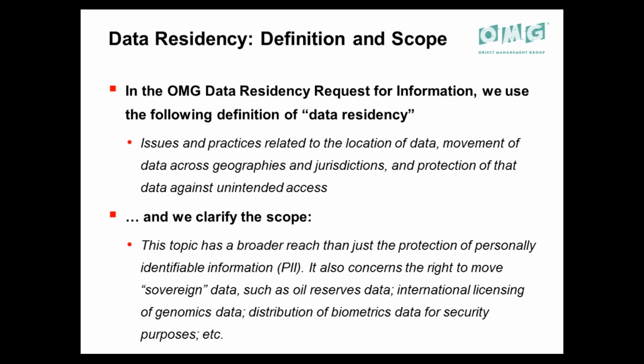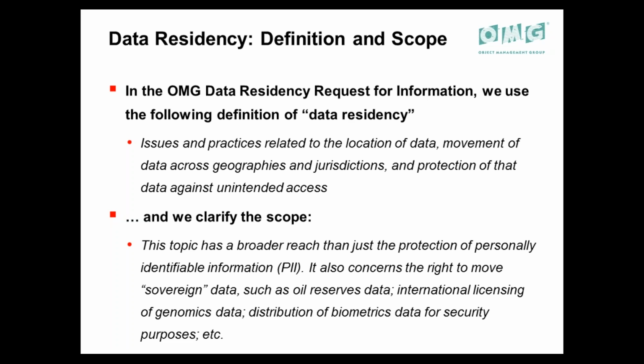And it is also not just, although it may be largely, about personally identifiable information of human data owners. It also concerns the right to move what is considered sovereign data by countries and states, data about their natural resources, for instance, or obviously data about the workings of their governments or their military.